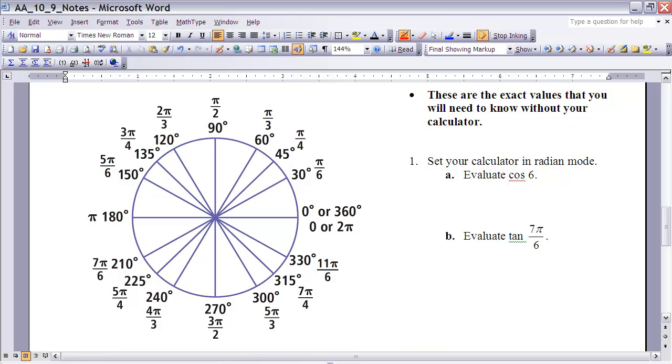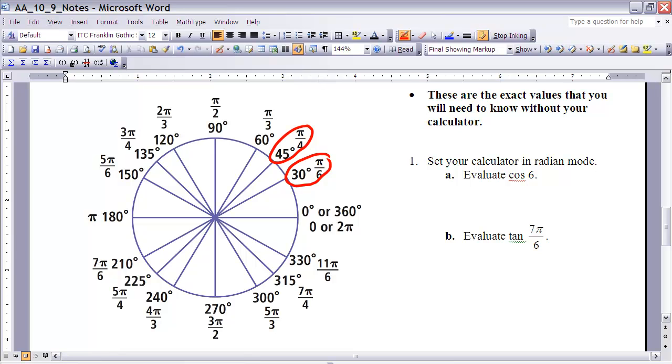The easiest way to remember it is, if you can remember that 30 degrees is pi over 6, or at least be able to find that, and if 45 degrees is pi over 4, we can derive all the other ones from those two.